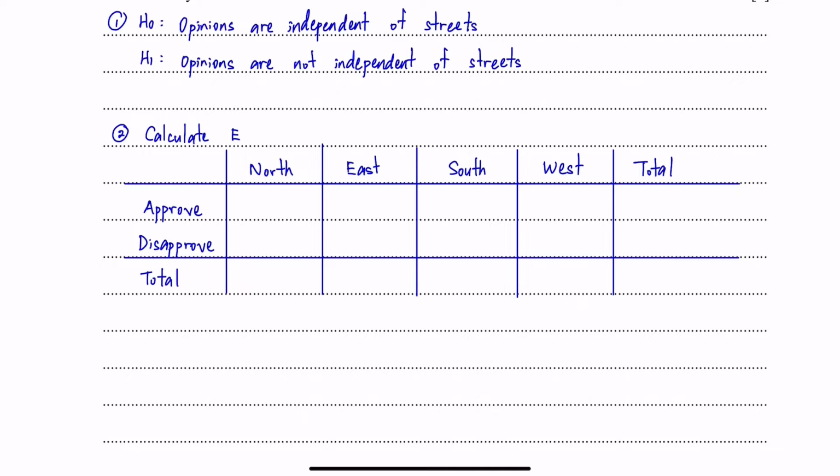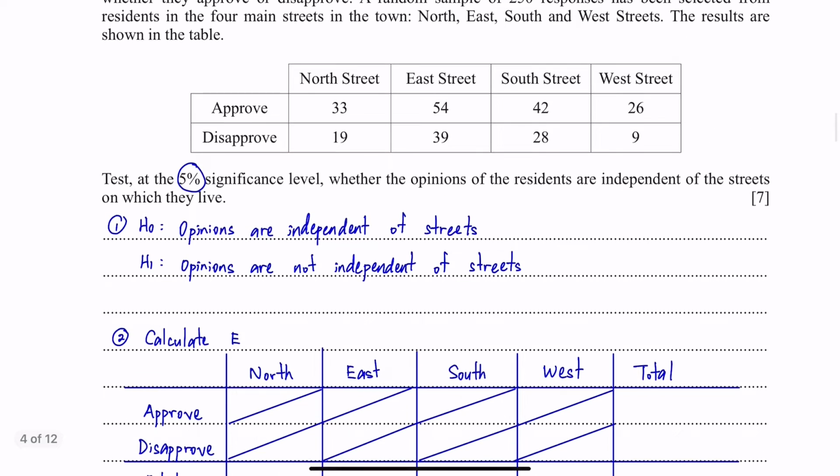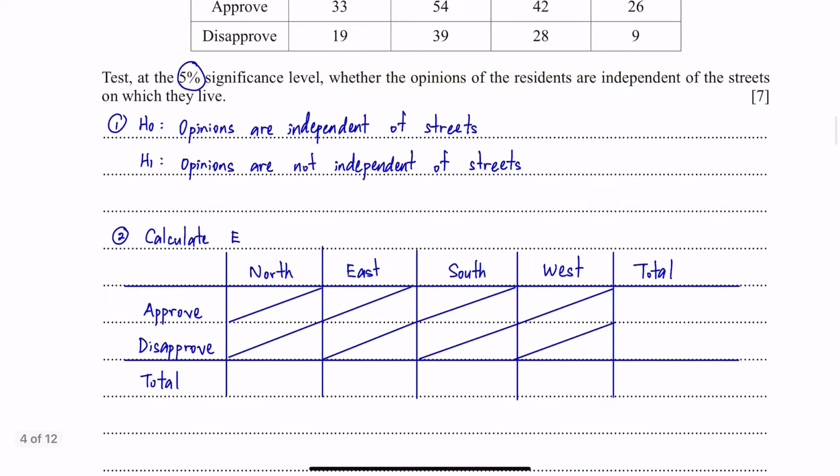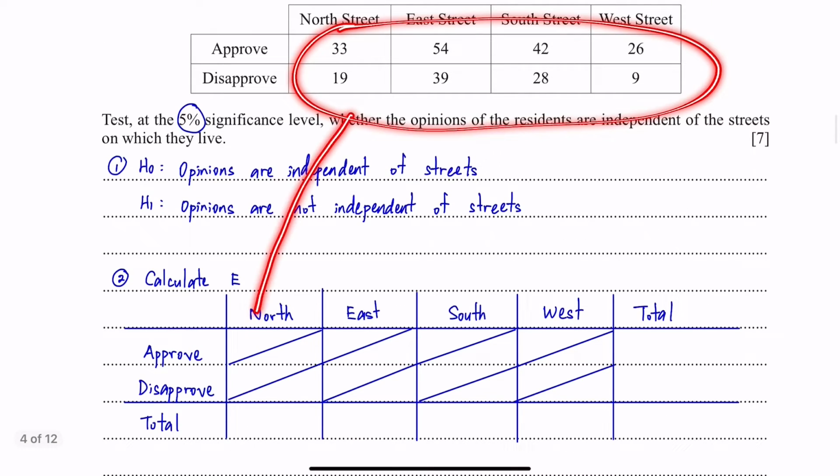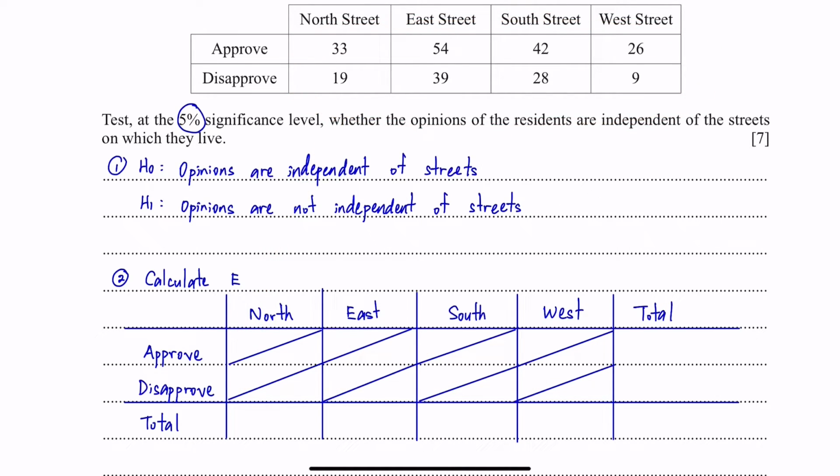So now I'll divide each section into two parts. Okay, so at the top left corner, I would place the values from the table. I would put all these values in the top left corner, and the bottom right corner, I will leave it for the E value.